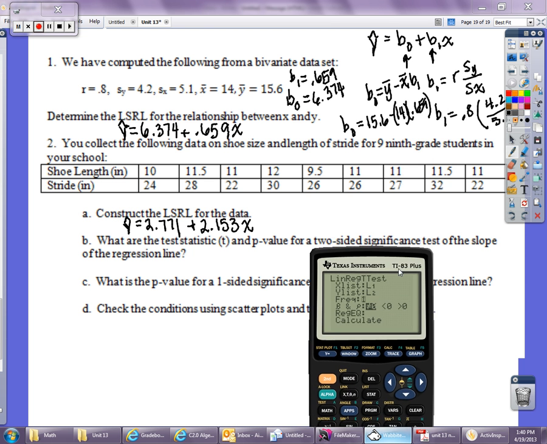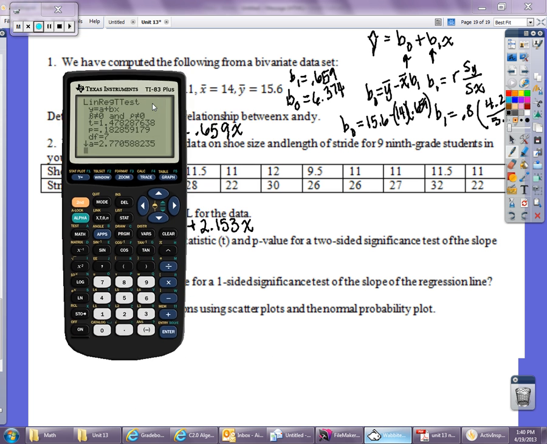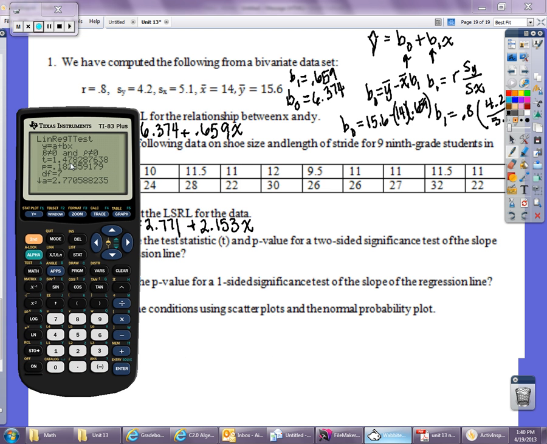And since this is a two-sided significance test, it's going to be a not equal for the p. This is just asking you if you wanted to put your regression equation in Y1. You don't have to, so you're just going to skip that and then click calculate. So your test statistic T is given to you right here, 1.478.